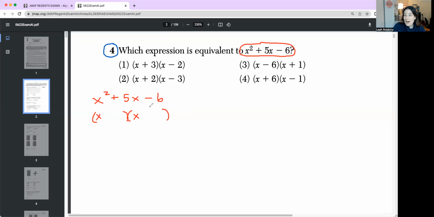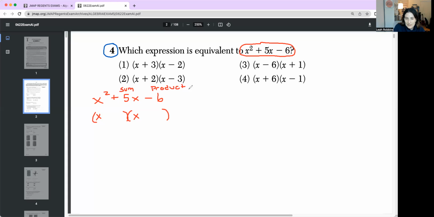And then to get to the other numbers, we look for two numbers that sum to 5 and multiply to -6. Maybe your teacher has used the salt and pepper method. I've heard teachers call this double bubble, but we're looking for two numbers that multiply to -6 and add up to 5.